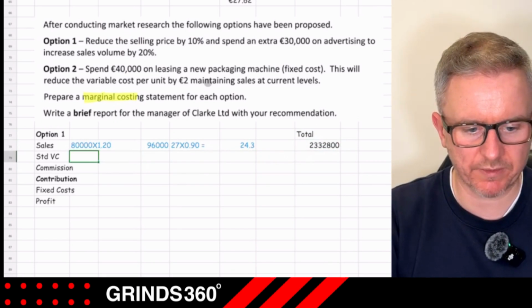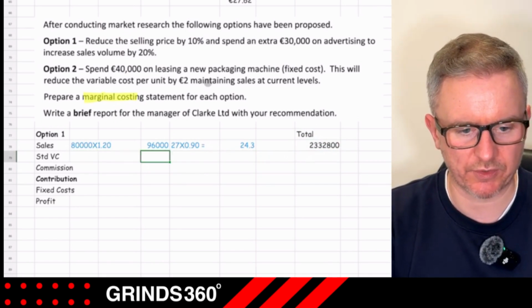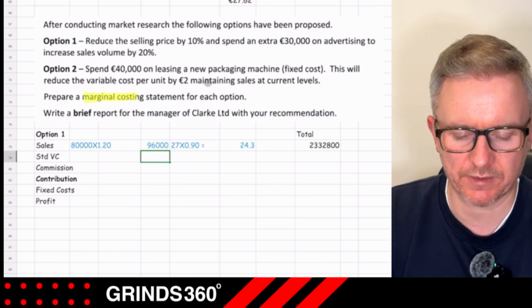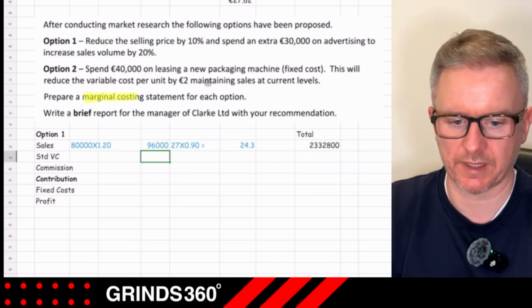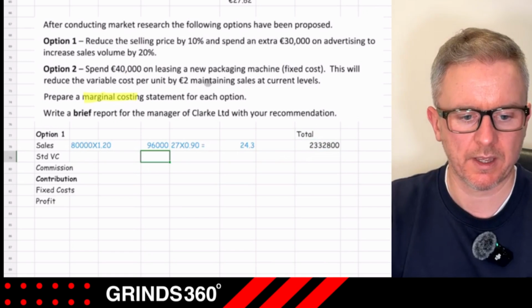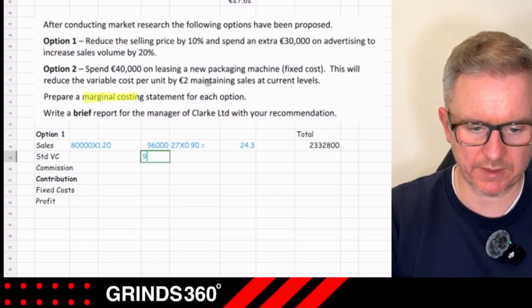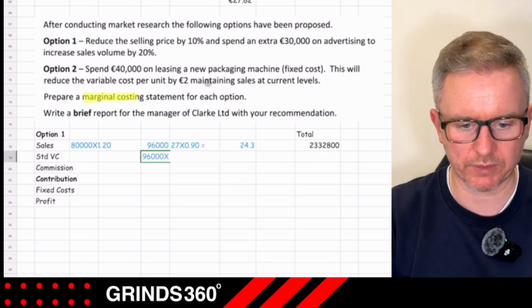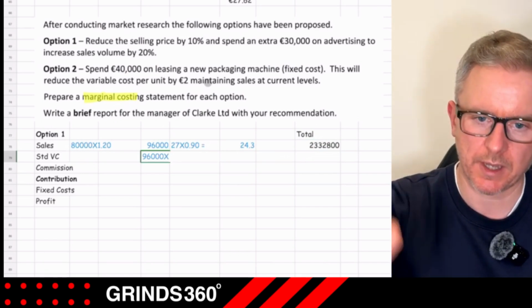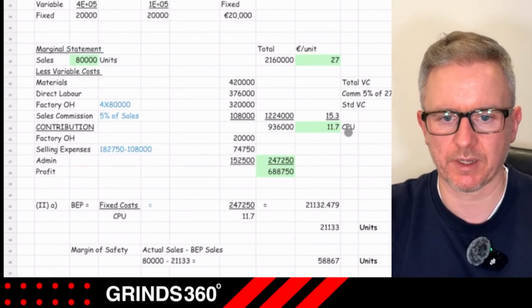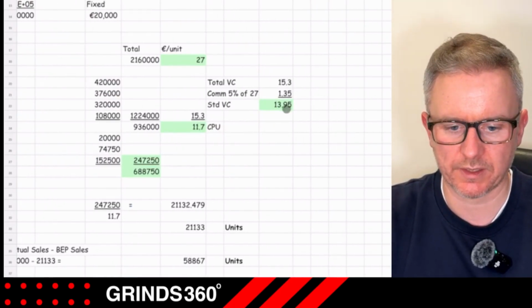My standard variable cost has not changed. So they're reducing the selling price and going to spend an extra 30,000 on advertising. That's a fixed cost, and it's going to increase our sales volume by 20%. So I'm taking my 96,000 units and multiplying by the standard variable cost. You'd go back up, take the standard variable cost figure that we have here, the €13.95.